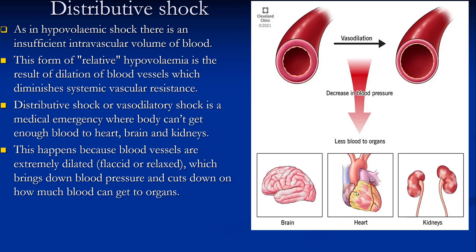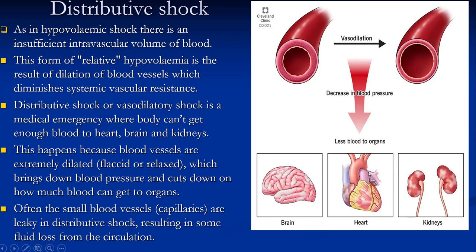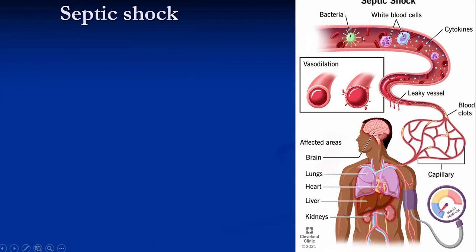This happens because blood vessels are extremely dilated, flaccid or relaxed, which brings down blood pressure and cuts down how much blood can get to the organs. Often these small blood vessels or capillaries are leaky in distributive shock, resulting in some fluid loss from the circulation.